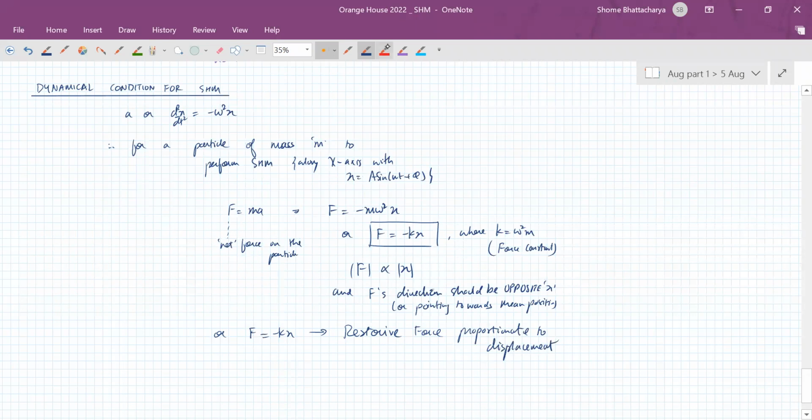The term restorative here itself means that it points to the mean position. So this is a condition for SHM, that the net force F is a restorative force that is proportional to displacement. This is the dynamical condition for simple harmonic motion.